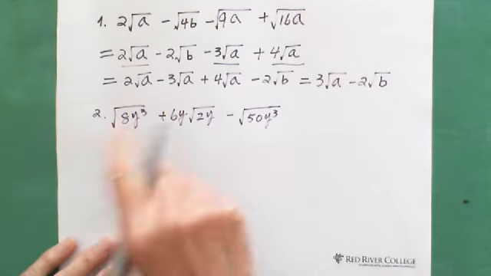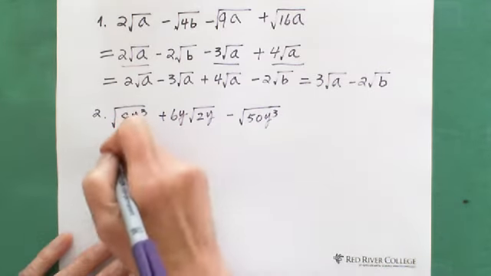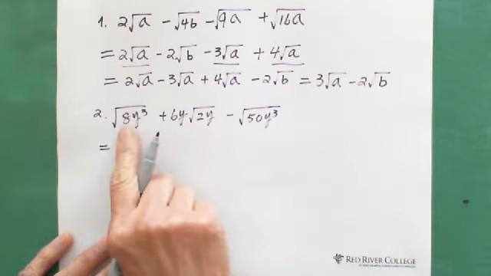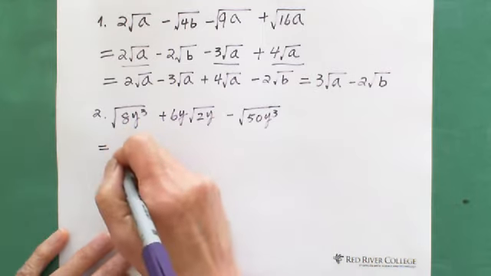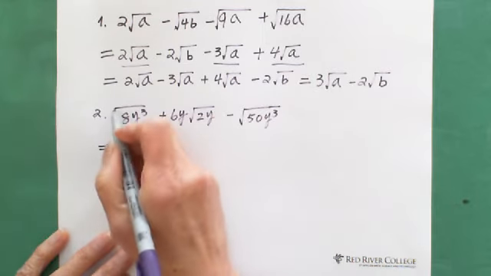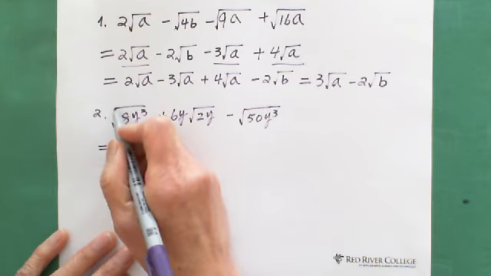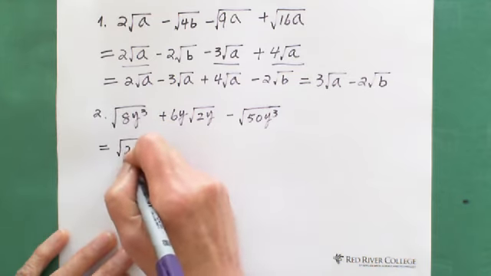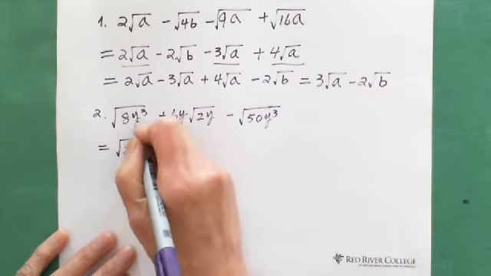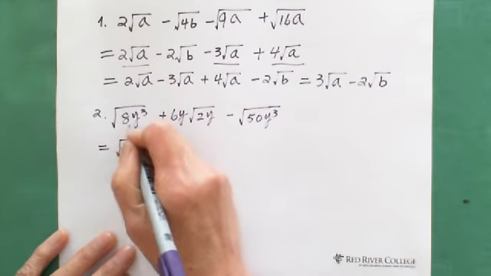We still need to simplify the square roots. 8 equals 2 times 4, right? We're matching the square root, which has radical index 2, so we write 2 squared.